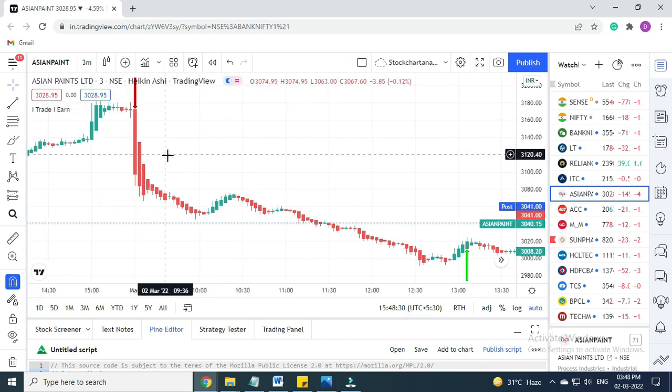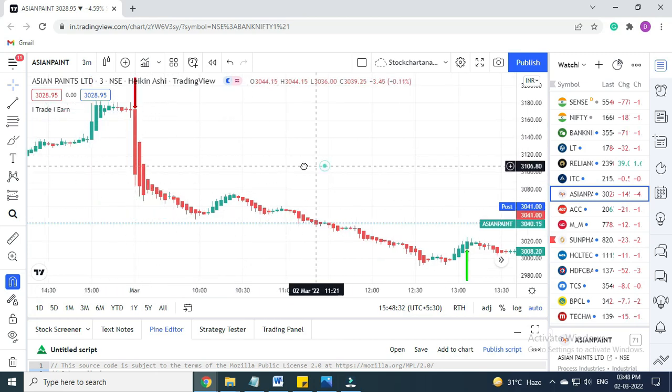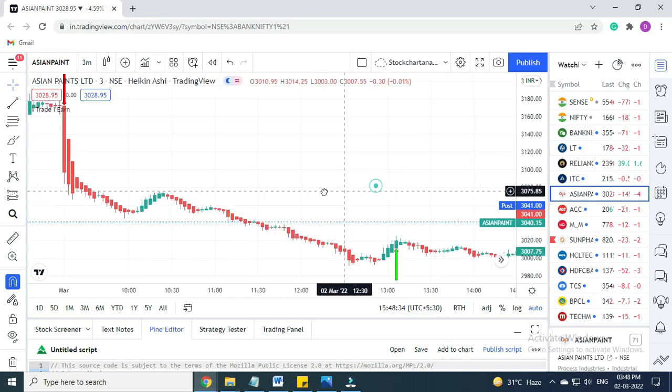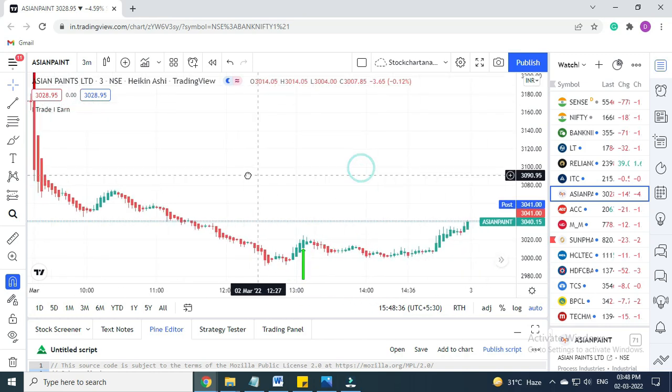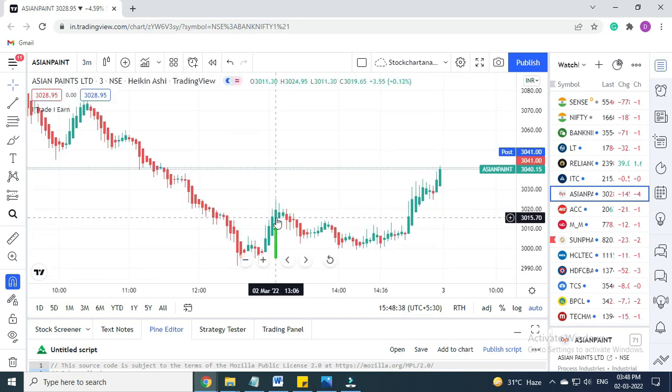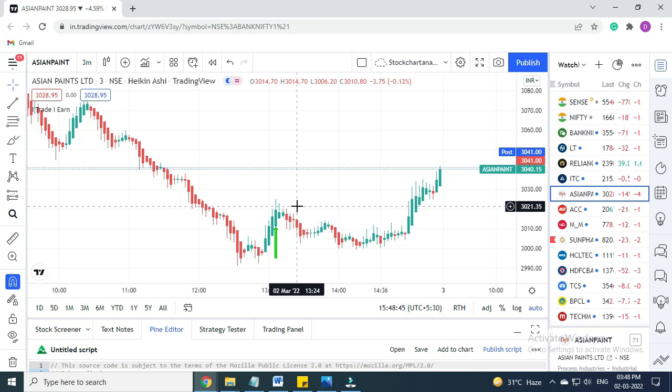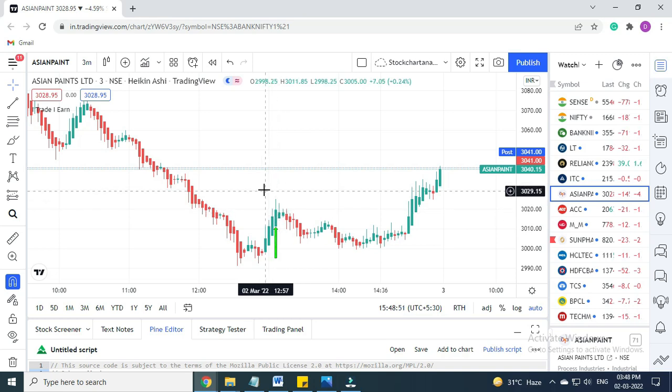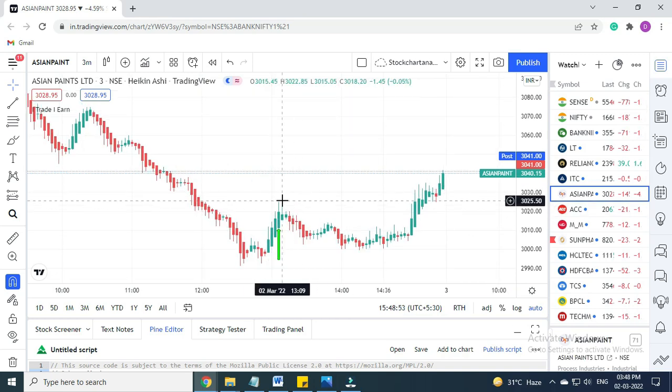Might be some aggressive traders have sold on this signal and they have made a profit. It's okay, but we will not consider this as a trade. Then we have a buy signal here, but as I have told you, the next candle or the closing price of the next 4 to 5 candles should be higher than the candle in which we received the signal. So no trade happened here.